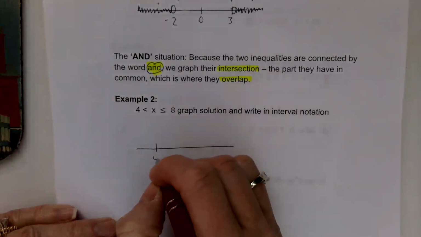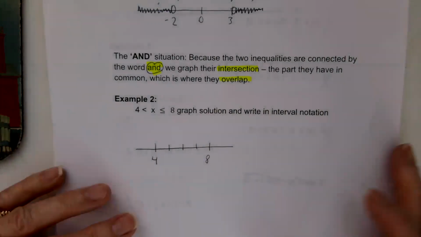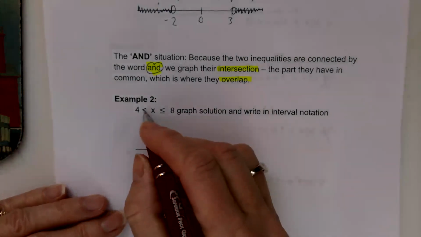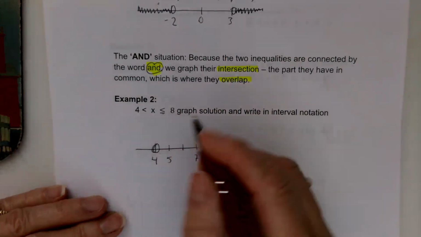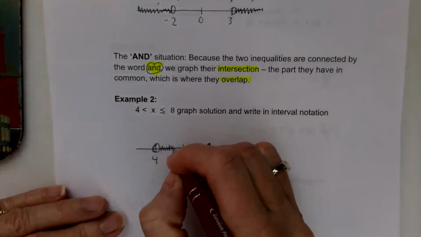So I'm going to draw 4, 5, 6, 7, 8. It's strictly greater than 4, so it gets an open circle, but it's less than or equal to 8, so it gets a closed circle. And so we're saying everything in between.